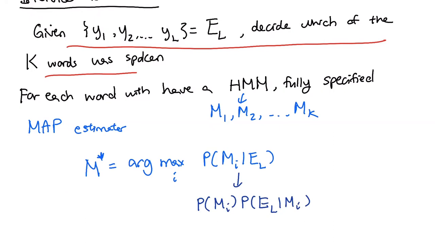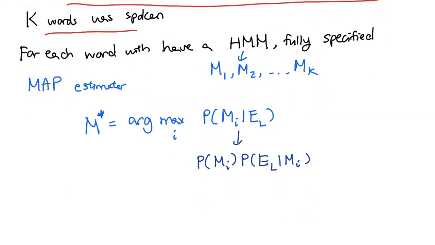For example, maybe word 2 is more likely to be seen than word 1 or word 3. In order to characterize the posterior distribution, I have to know the prior and then the likelihood. But in most cases the prior is a uniform distribution, because I don't know which word is any more likely than any other word. So in that case, the MAP estimator is the same as the maximum likelihood estimator.